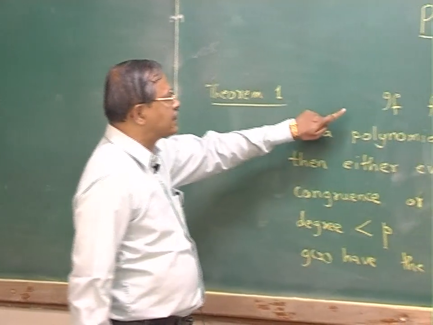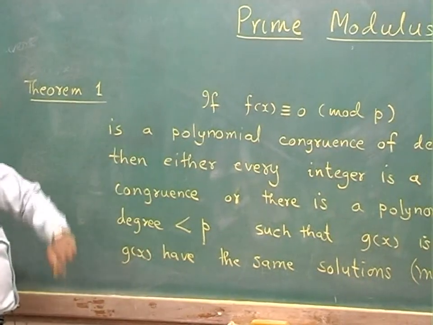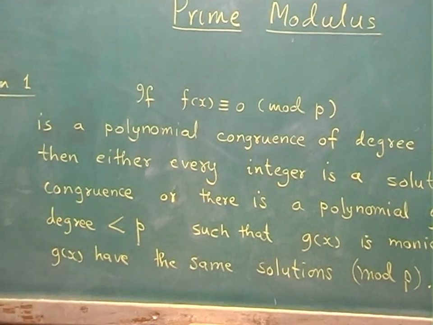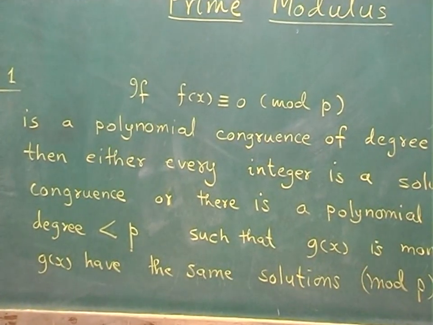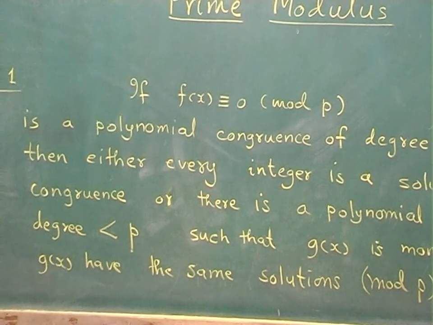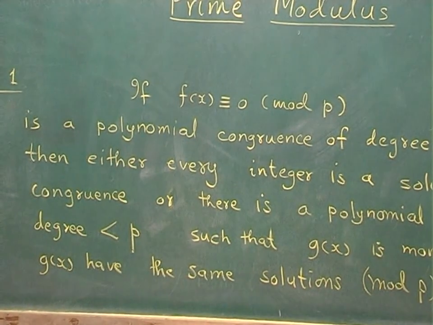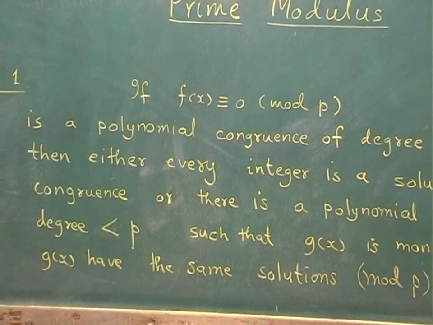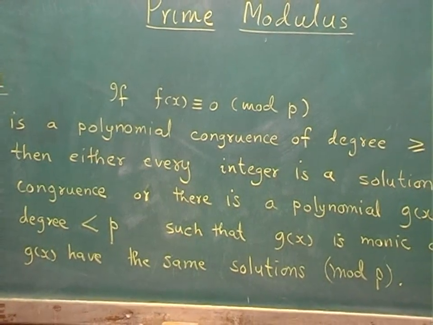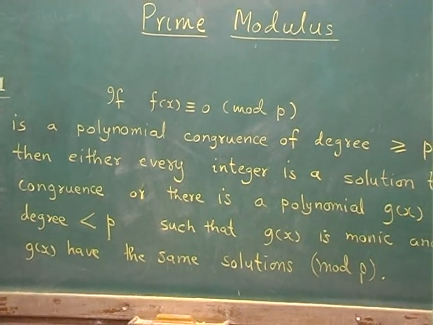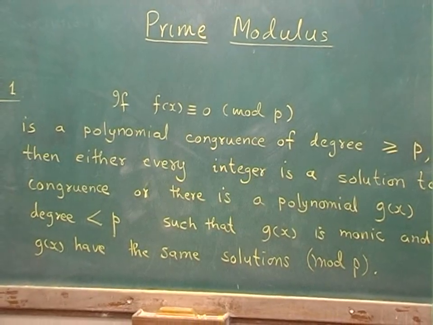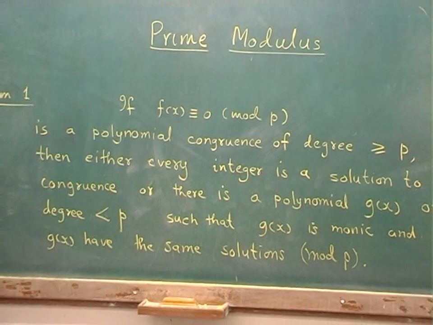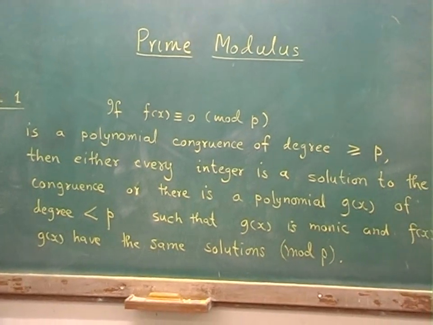If f(x) congruent to 0 mod p is a polynomial congruence and we assume that the degree of the congruence is bigger or equal to p, then it may happen that every integer is a solution to the congruence f(x) congruent to 0 mod p, or you can get a polynomial g(x) of degree less than p such that g(x) is monic and f(x) and g(x) have the same solutions.